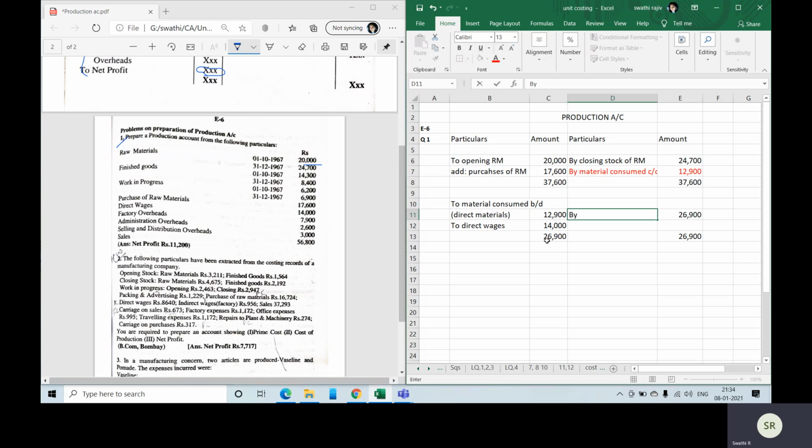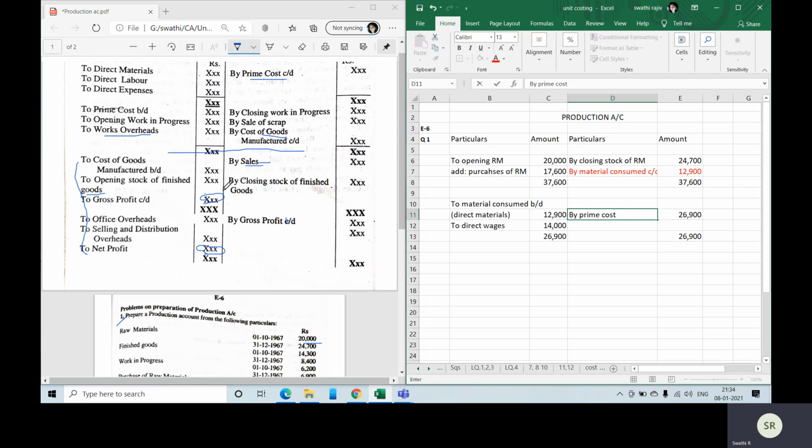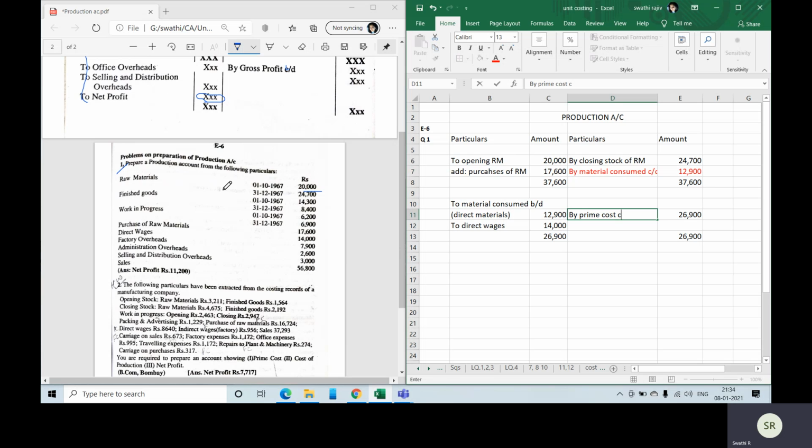Write it as by prime cost carried down, by prime cost carried down, and you will bring it down to the side, to debit side, to prime cost brought down.